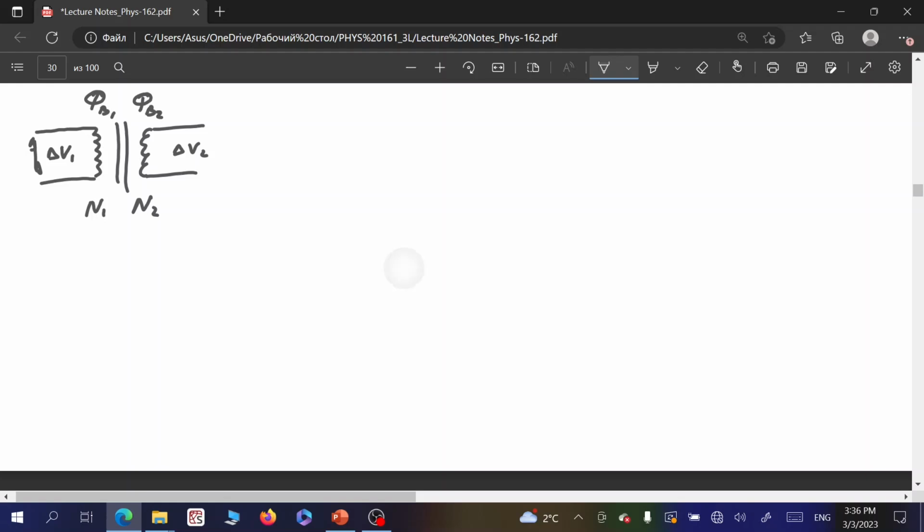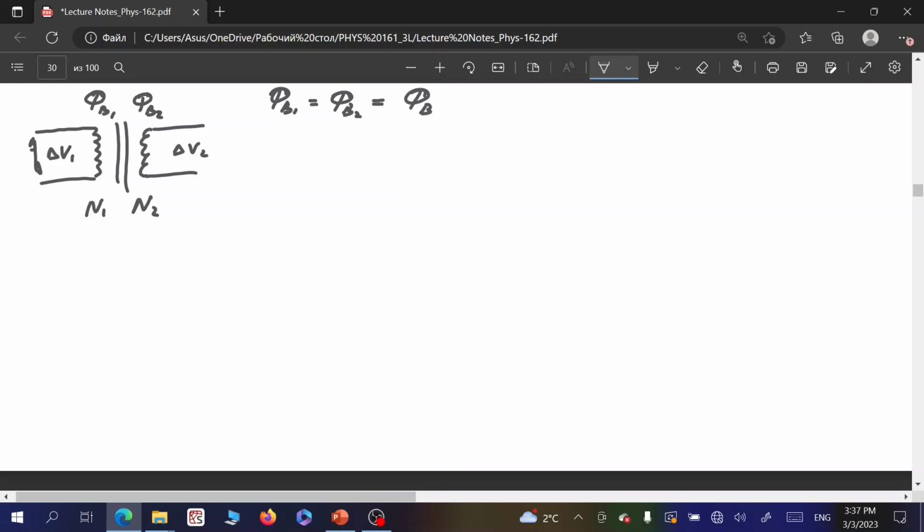In this case, FB1 will be equal to FB2, and we can define it as FB. So the magnetic field flux through both primary and secondary coils of a transformer will be the same.